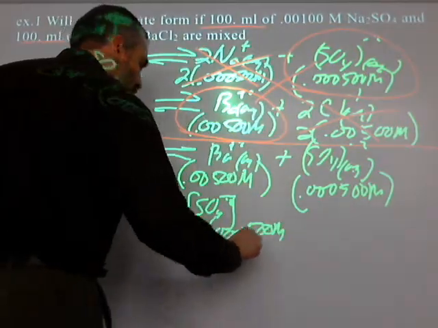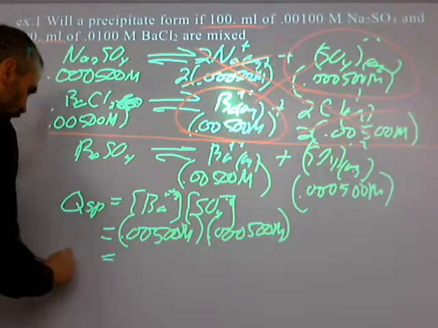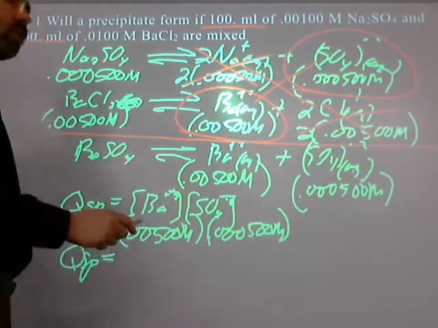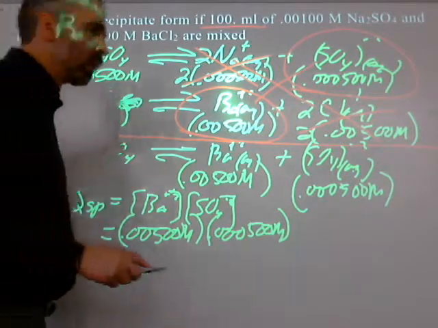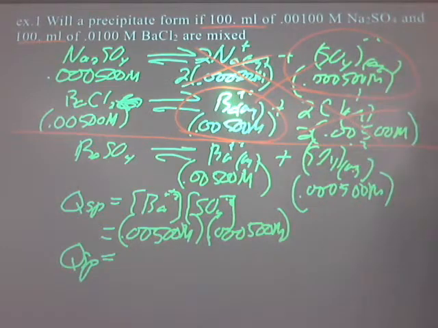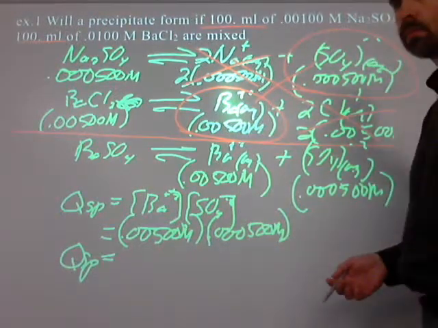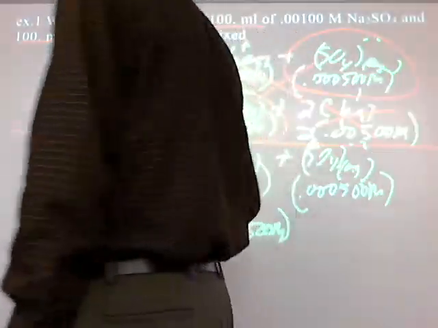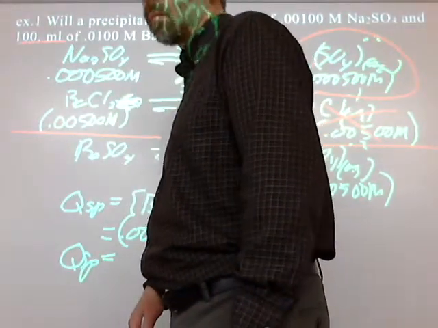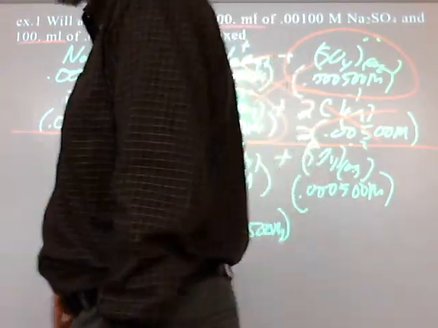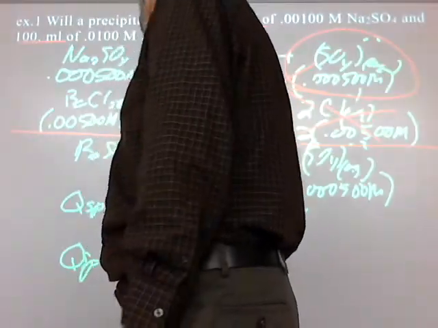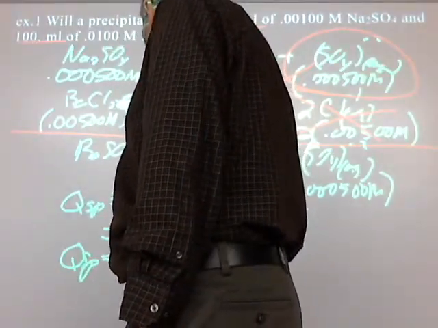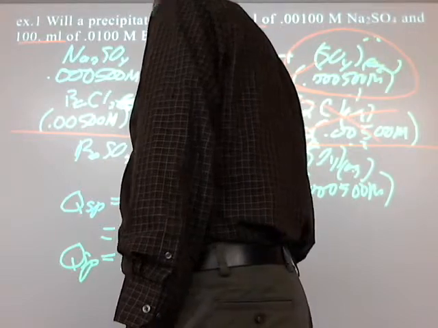I mean, this really is fairly easy. It's taken me a while to do it because I'm trying to explain it along the way, but basically, this is all you have to do. Get the calculator out, multiply those together, and what do you get for Q? You get 2.50 times 10 to the -6.